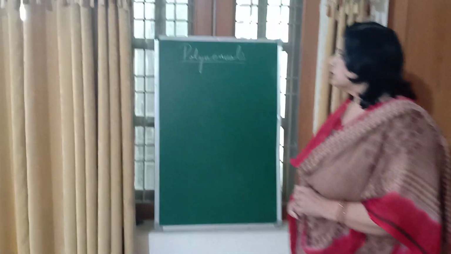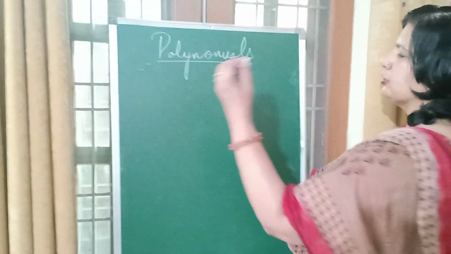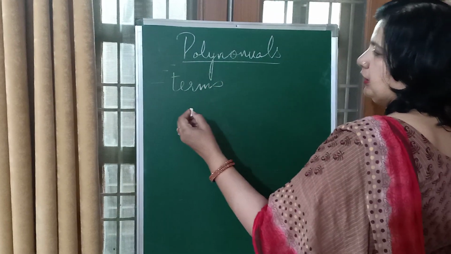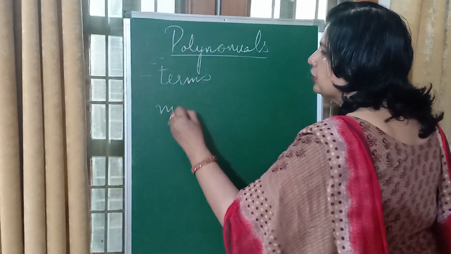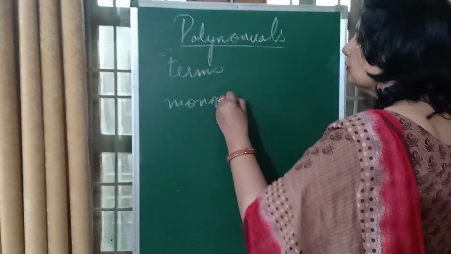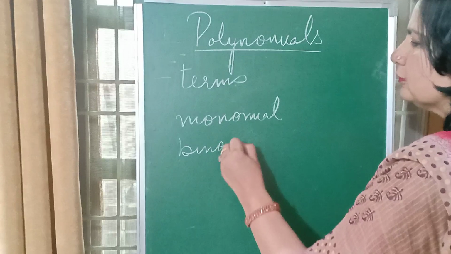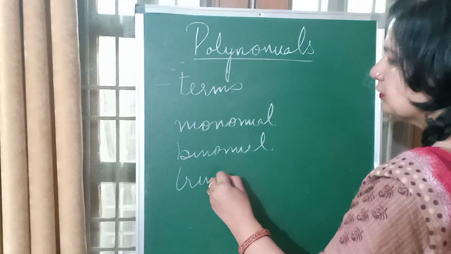Now polynomials are classified on the basis of terms. On the basis of terms, we have monomial, binomial and trinomial.